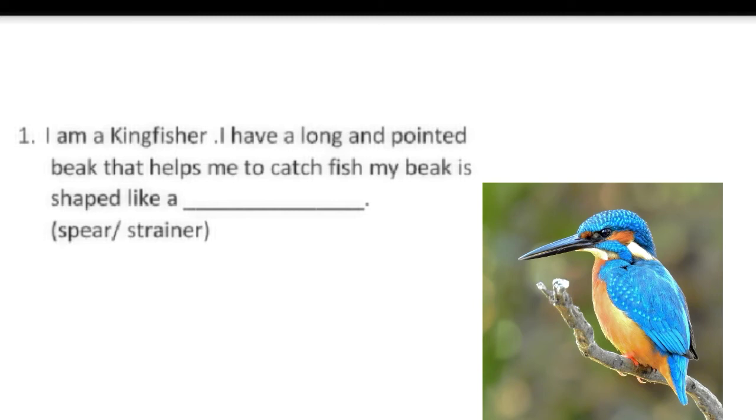The shape of kingfisher beak is like a spear. You know what is a spear? A weapon with pointed tip, typically of steel, and a long shaft used for thrusting or throwing. So a kingfisher beak is also like that only. So here we will write a spear.